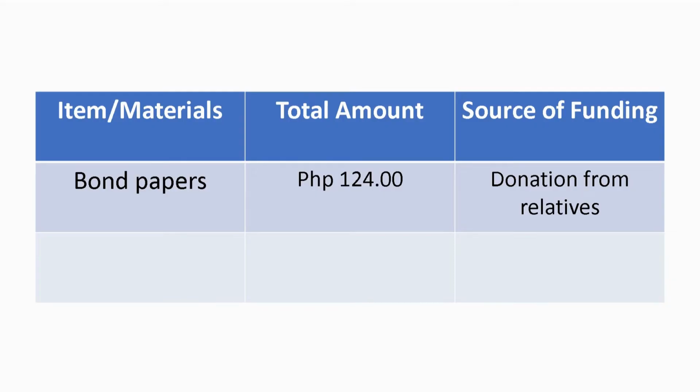Why is this needed in the concept paper? So you would know whether it will be possible for you to finish the portfolio you are planning for, or there will be some problems that you need to face and make adjustments on.